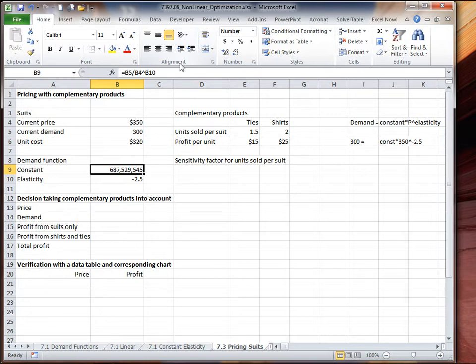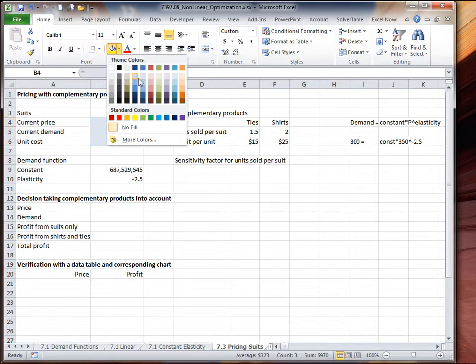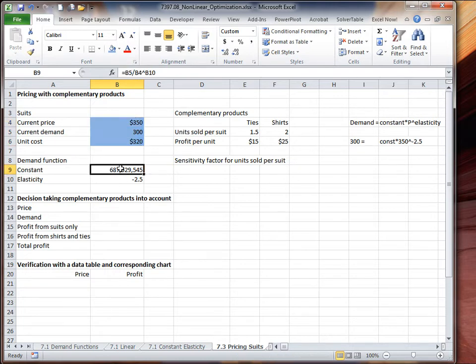Okay. So now all we got to do, let's go ahead and start filling in some colors here. All right. We want, first of all, to figure out the price that maximizes profit from suits only.